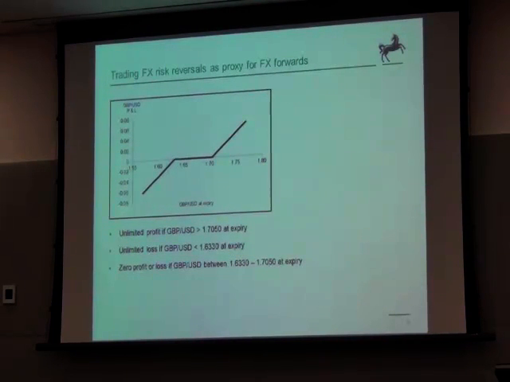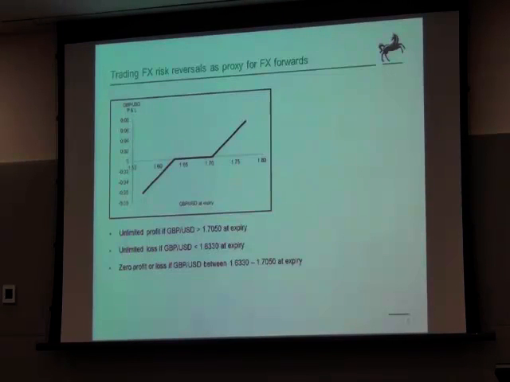And you've created this profile where at expiry, if spot is anywhere in between the strike prices of those two options, the sterling call at 170.50 and the sterling put you sold at 163.30, then neither option is going to get exercised. There is no profit and loss. You haven't paid premium, you haven't received premium. The two premiums were netted off at the outset. So nothing's happened. You haven't traded.